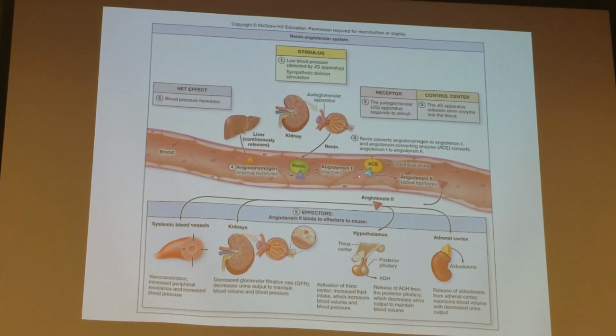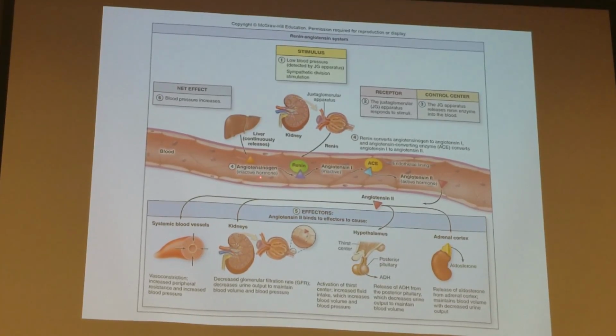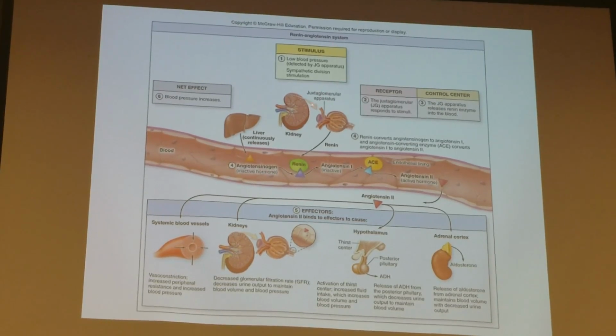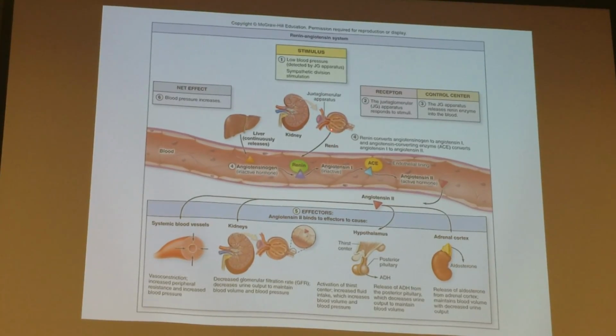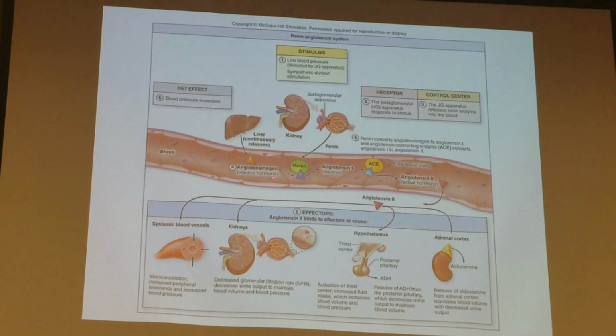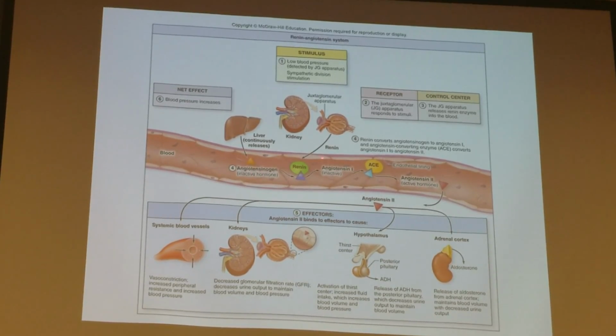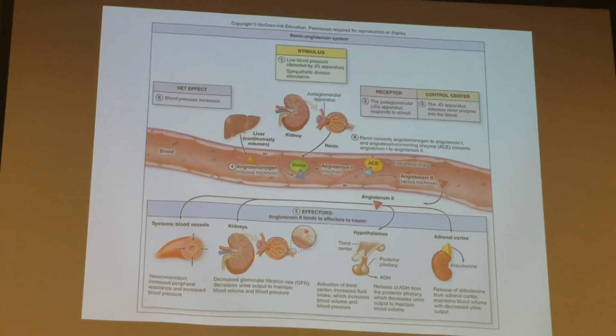Angiotensin 1. So the liver keeps making angiotensinogen. In response to a drop in blood pressure, the JGA releases renin. Renin reacts to the angiotensinogen and turns it into angiotensin 1. But it's still not active. It needs to be changed one more time.